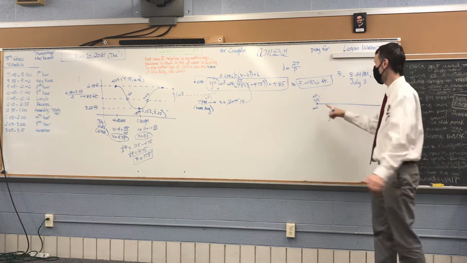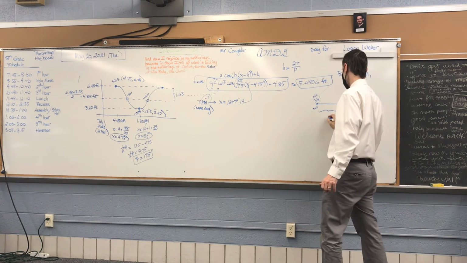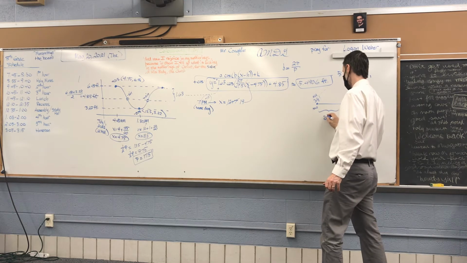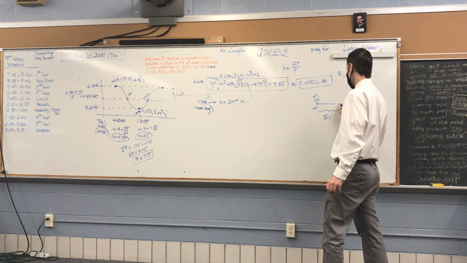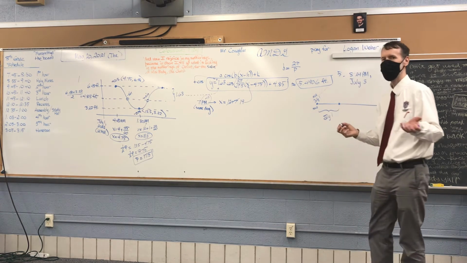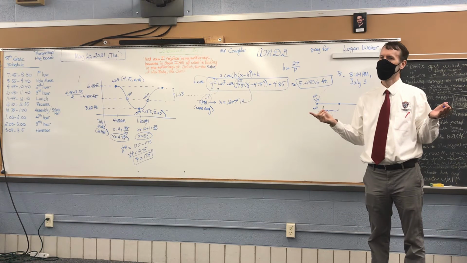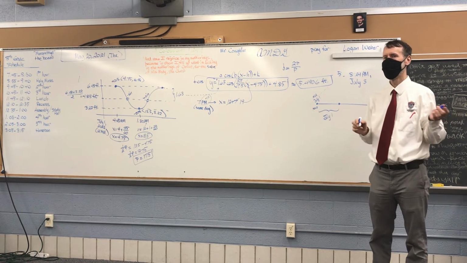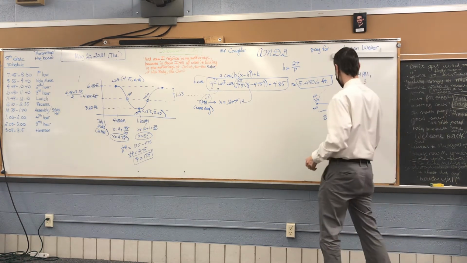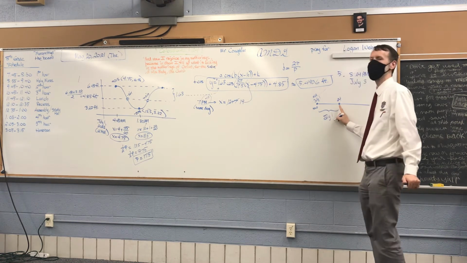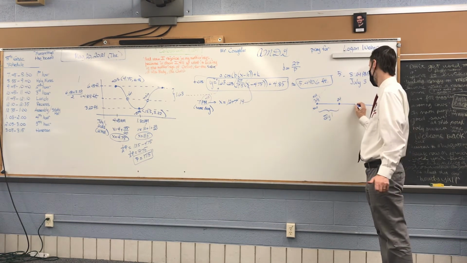Does it make sense that all of July 1st is going to go from what hour to what hour? From 0 to what, if you go through an entire day? It actually goes to 24 at the end of July 1st, beginning of July 2nd.